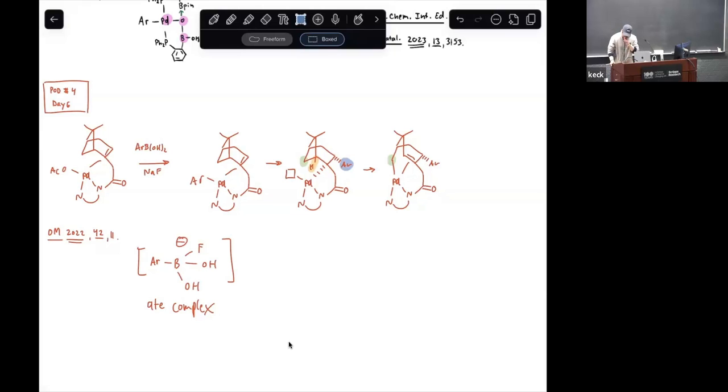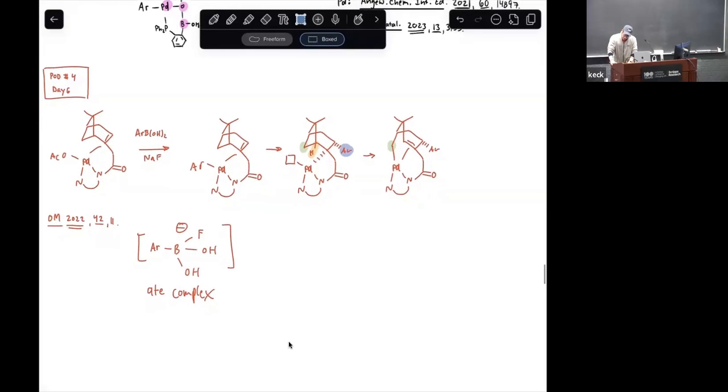Okay, very good. So this stitches together several elementary steps: transmetallation, migratory insertion, and beta carbon elimination. And I think importantly it allows us to consider a situation where we can reason through why beta hydride elimination and other pathways wouldn't happen.